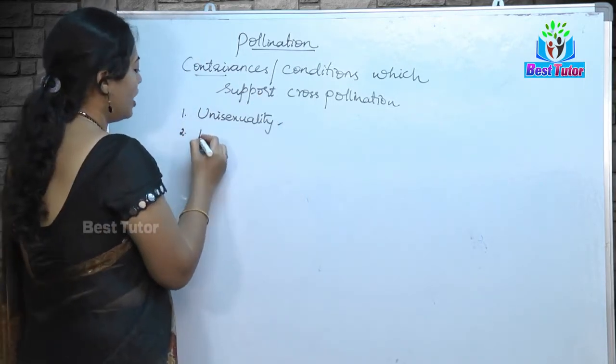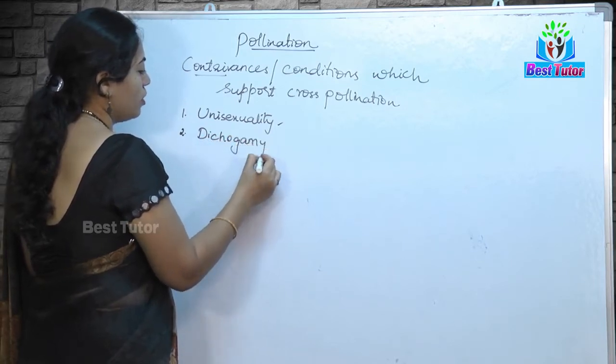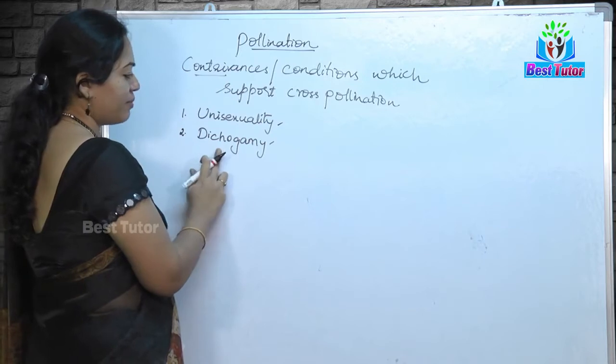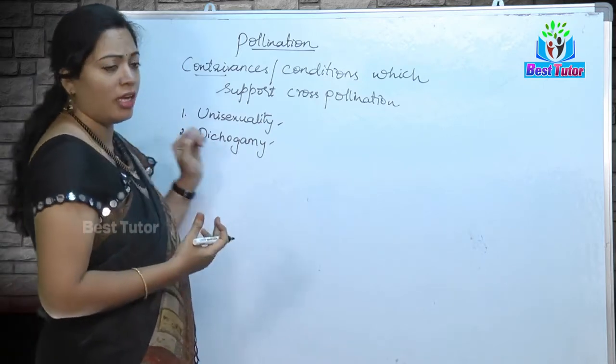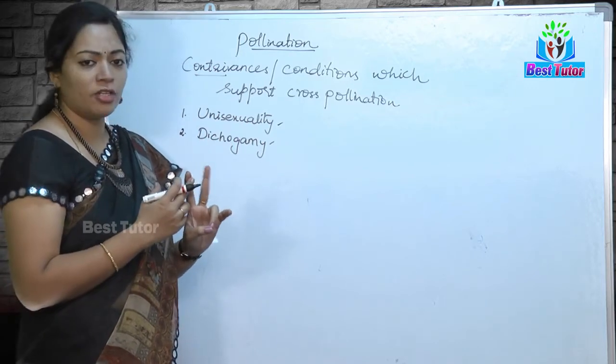Then the second one we call dichogamy. Dicho means two times, gamy means maturation. Now we know we have two reproductive parts, male and female, androecium and gynoecium.